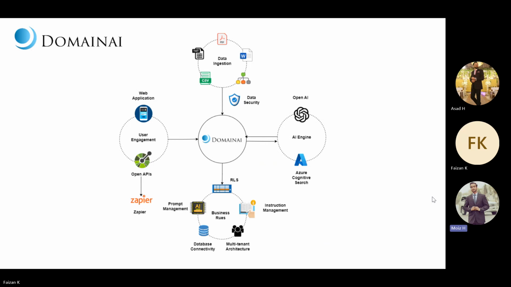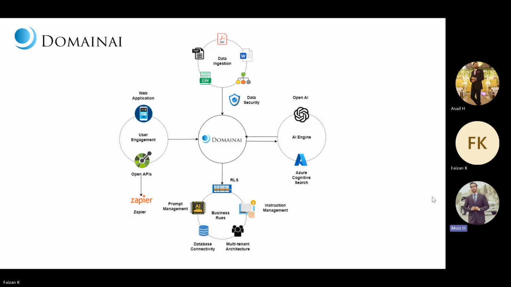Domain AI also allows users not only to use their own web portal, but also to have access to open APIs to which they can hook Domain AI into their own solution or their own platform. And also Domain AI allows users to integrate with Zapier.